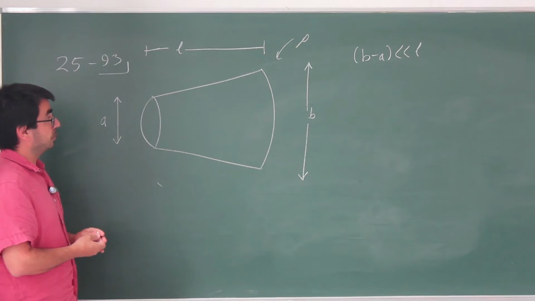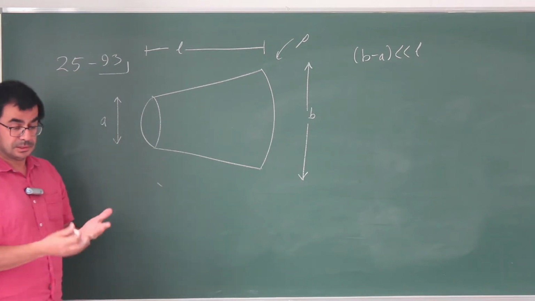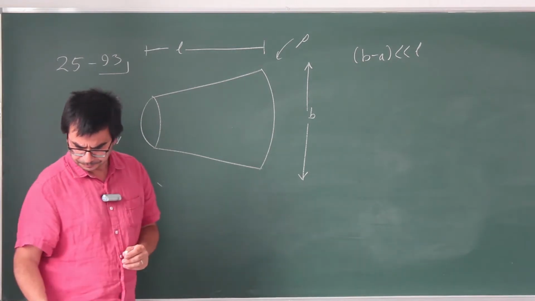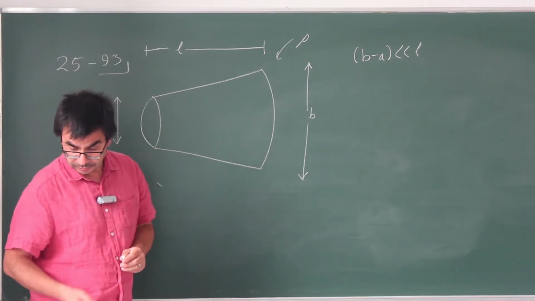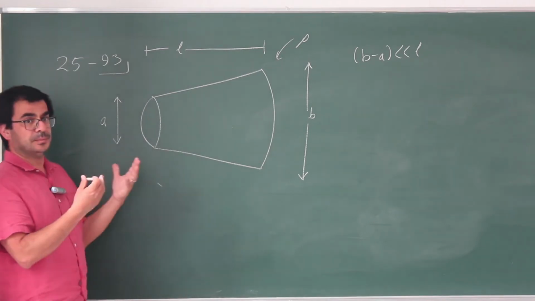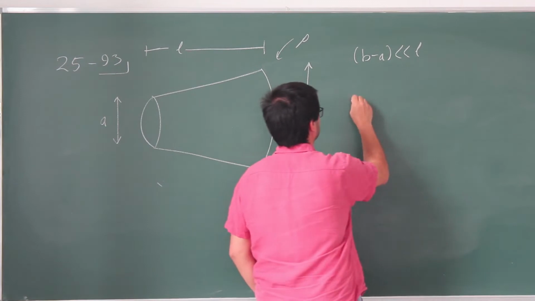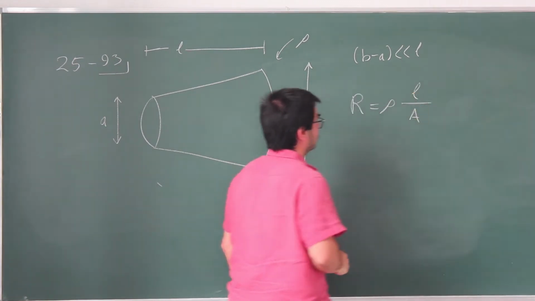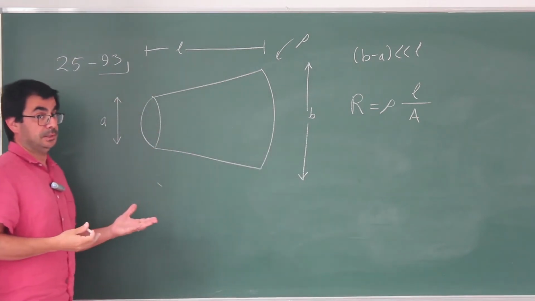Now, how would you approach this problem? This is similar to one of the other suggested problems, problem 30. This immediately suggests that you need to be using the formula ρ L over A, but is this formula directly applicable?